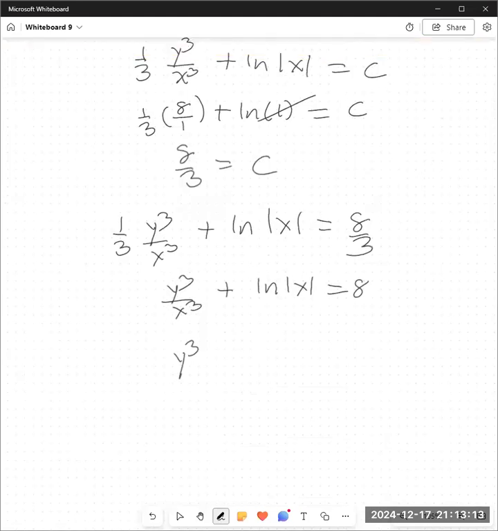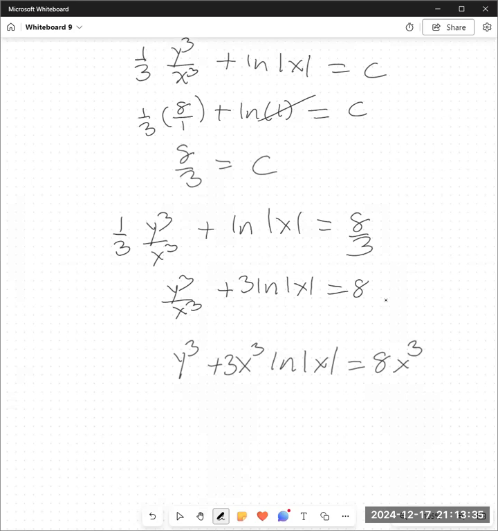Y cubed plus x cubed ln of the absolute value of x is equal to 8x cubed. And that's our final answer.